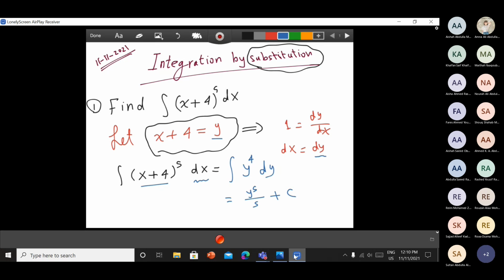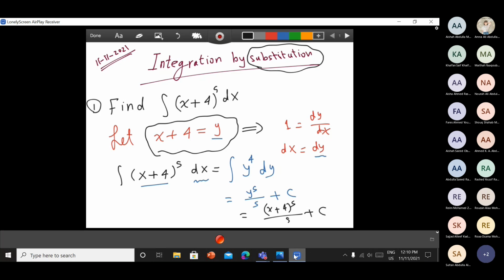I'm saying all the time, substitution is like a bridge. So once you finish, you can go back to your original variable, right? So y is what? (x plus 4) to the power 5 over 5 plus c.